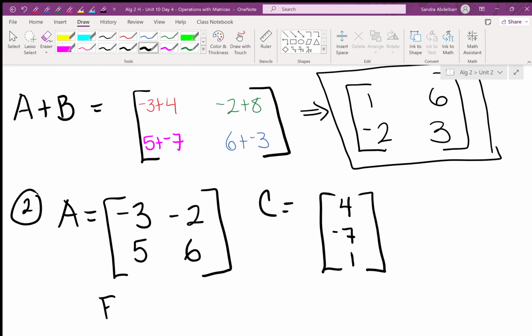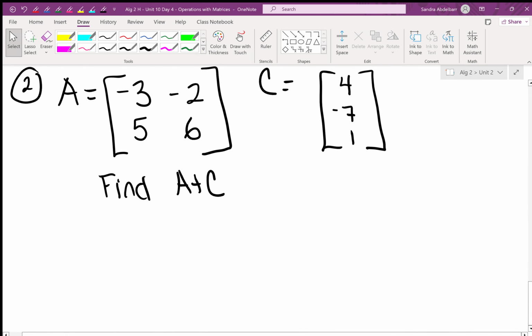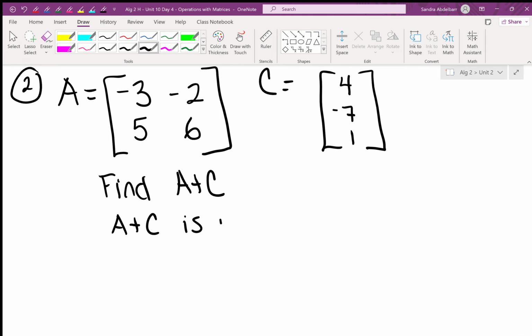And I ask you to find A plus C. Can we add these? No, why not? They're not the same dimension. So if I asked you to write two things that do not have the same dimensions, you would say A plus C is not defined, meaning we can't add them.